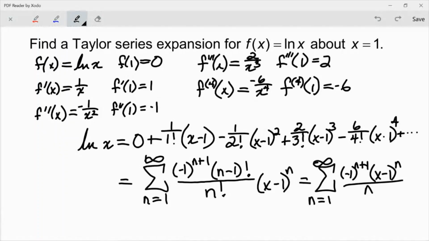So now I've got a series that represents the natural log of x. Once I've got it written this way, if I really wanted to, I could make my index start at 0 and rewrite the series. There's really no reason to do that unless you want to, as long as you understand when you're looking at two equivalent series. So at that point, that's my series for the natural log of x.